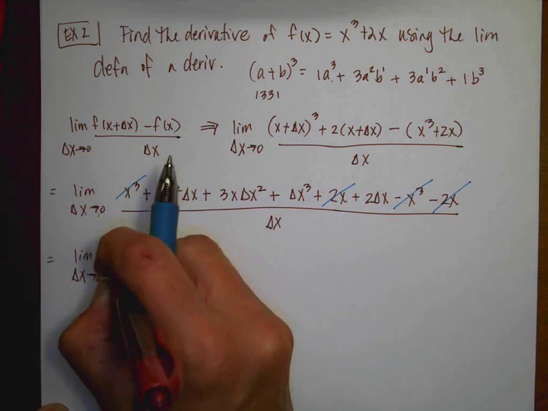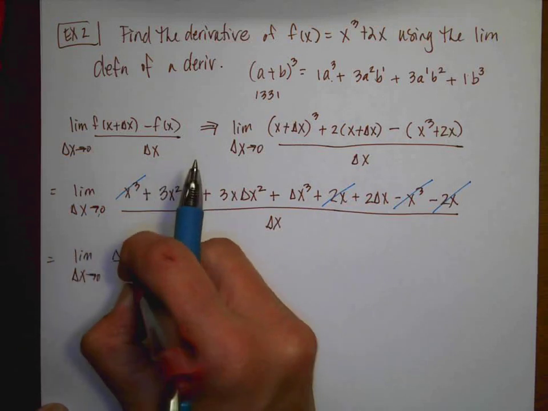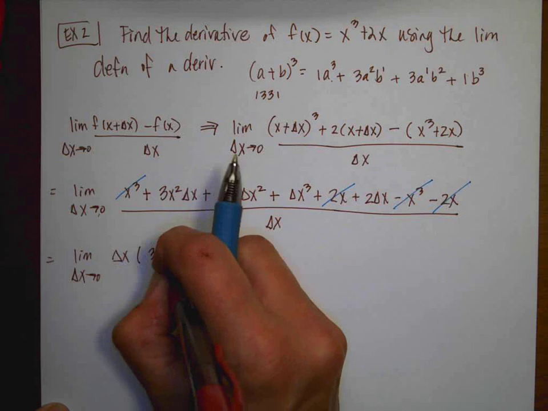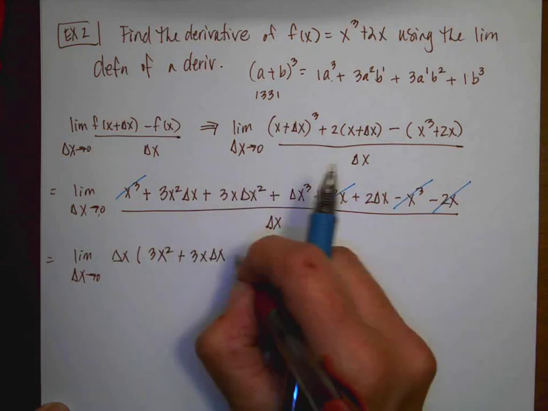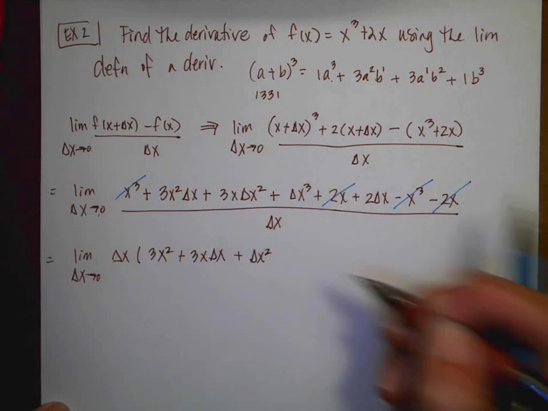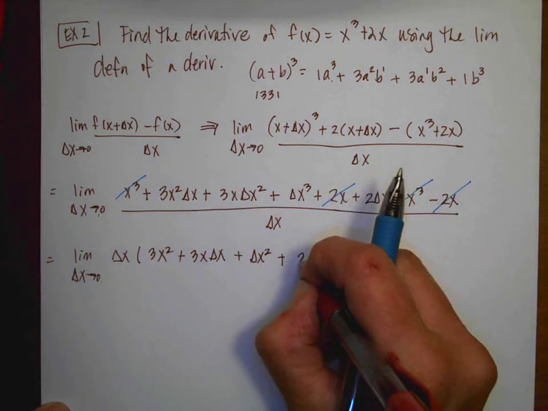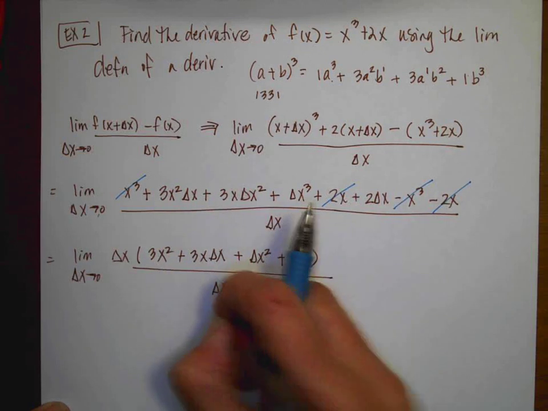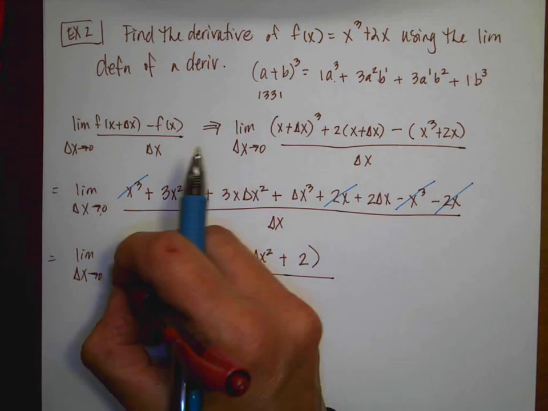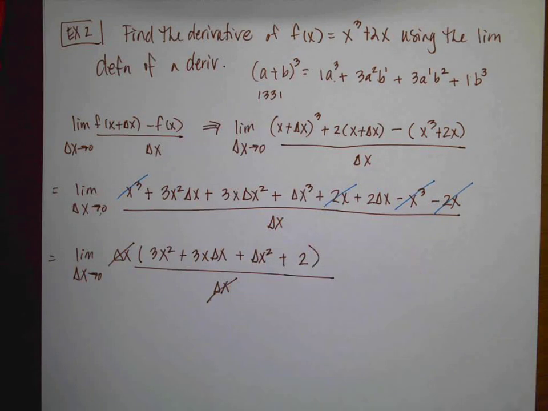So now what I need to do is factor as delta x goes to 0. I'm going to factor out a delta x, and I get 3x squared plus 3x delta x plus delta x squared plus 2, and then it's going to be divided by delta x.